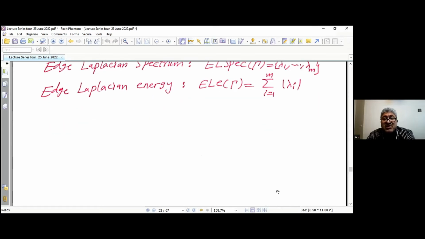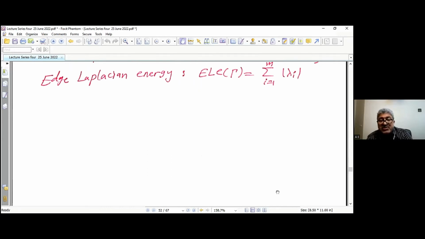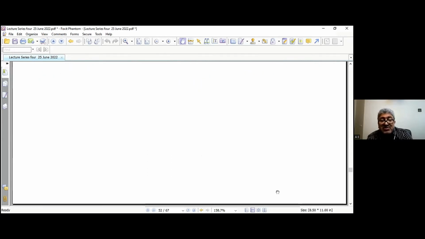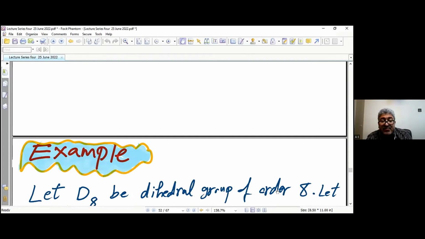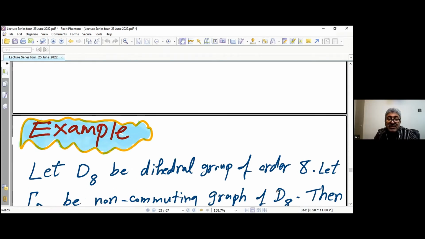Right, so you can see we have different kinds of spectrum and different kinds of energies. Now, let me start with an example on an algebraic graph.